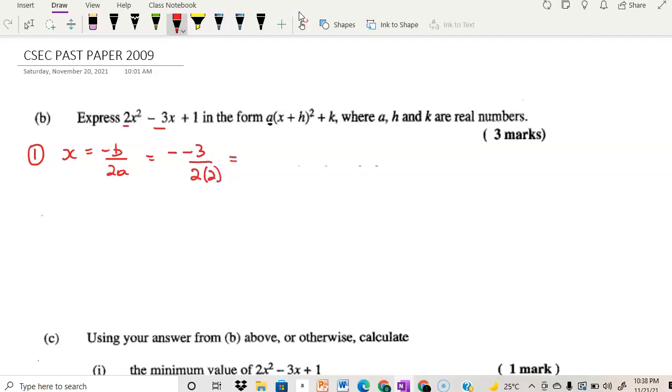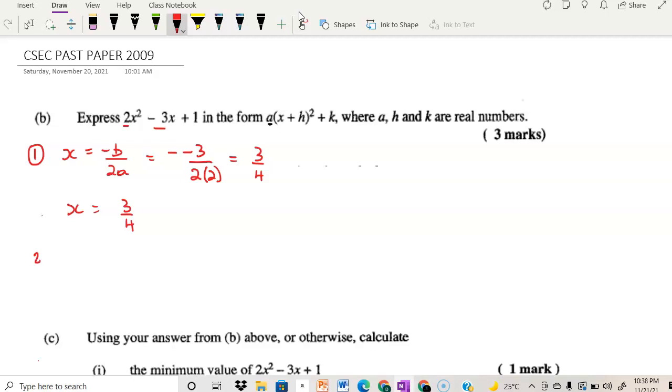So what we have there is 3 over 4. So x is equal to 3 over 4. That is our step number 1, to find the axis of symmetry, or the value of x for which the minimum value occurs.